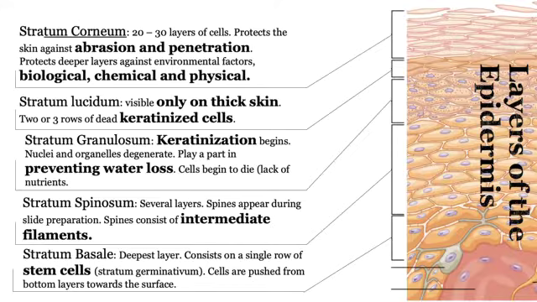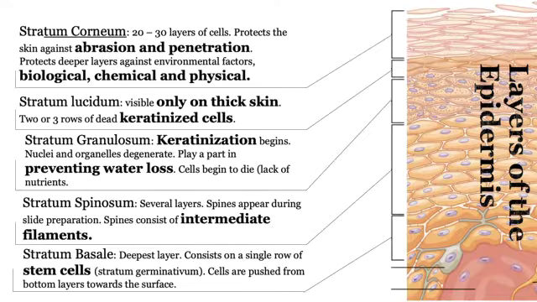It also helps us prevent some environmental factors: biological or living things wanting to get into my body, chemical substances that might go on top of my skin that I don't want inside my body, as well as physical factors, against things breaking the skin. So this would be the external layer of the skin. Following that, we have the stratum lucidum, which is only visible in thick skin.